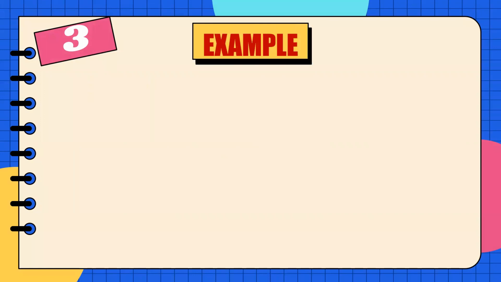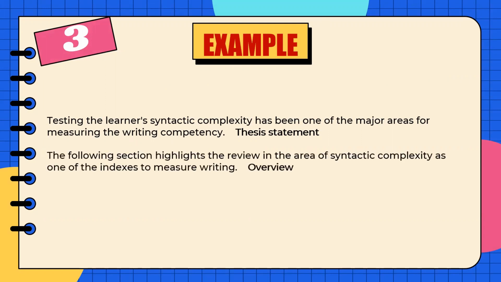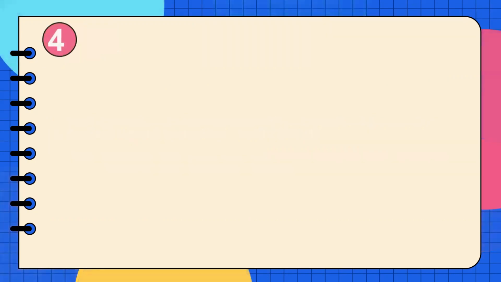Then next, I move on to the thesis statement, that is, testing the learner's syntactic complexity has been one of the major areas for measuring the writing competency. And then I talk about the overview. The following section highlights the review in the area of syntactic complexity as one of the indexes to measure writing.